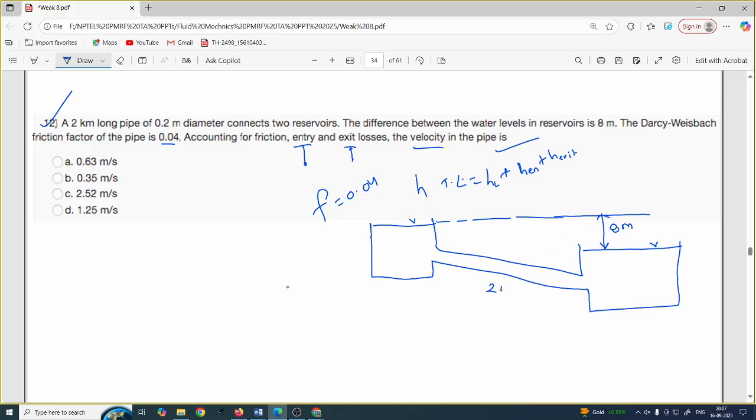The length is 2 kilometer, and the diameter of the pipe is 0.2 meter. So you need to calculate the velocity in the pipe.